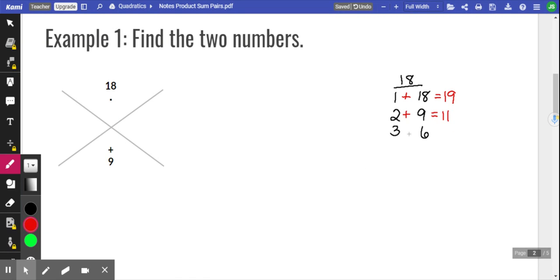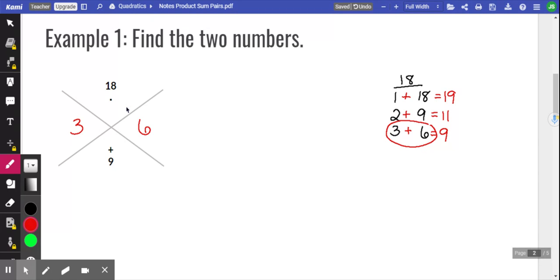That is not 9. 3 plus 6, oh, that gives me 9. So I know it has to be this last pair here. My 2 numbers that would complete this would be 3 and 6. 3 times 6 gives me 18. 3 plus 6 gives me 9. So those would be the 2 numbers that would complete this puzzle.